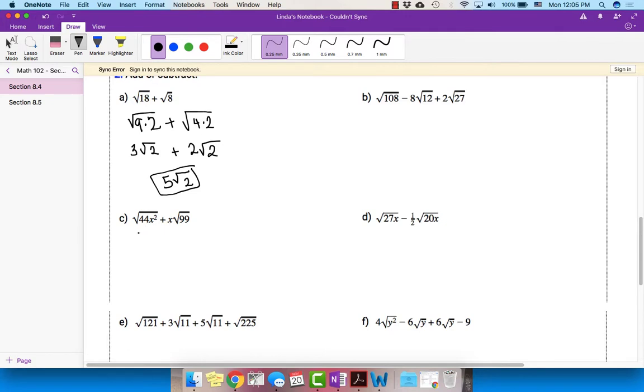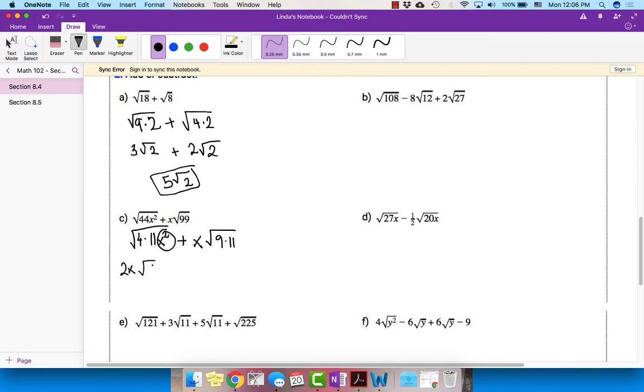44, well, I can think of 4 times 11, and then I have s squared. And 99 I can think of as 9 times 11. Remember that when I have something like this, it means that I have a pair, so I can take a pair out. I can take out the 4 as the square root of 4, which is 2.